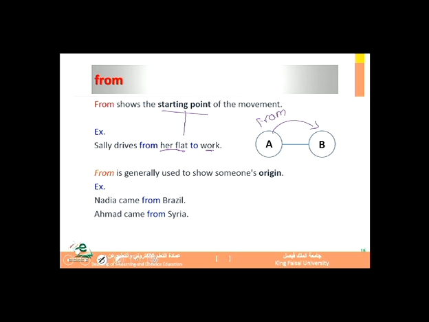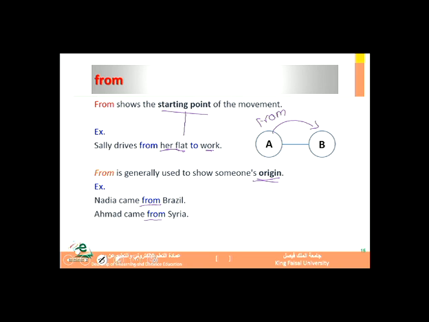Now there is another use for the preposition from, which is used to indicate or to tell somebody's origin. For example, Nadia came from Brazil. Ahmed came from Syria. So the use of the preposition from here is basically to indicate the origin, the place that somebody has come from.